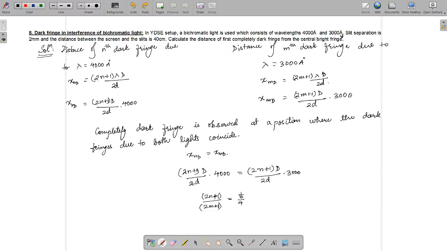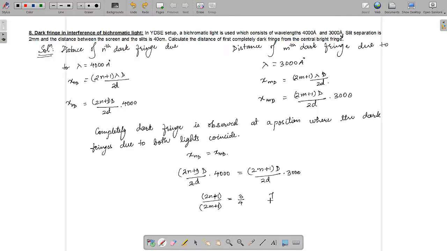So the ratio should be an odd number by an odd number, but here from the given data we find that this is an odd number but this is an even number. So the ratio of an odd number with an odd number cannot be an odd number and an even number. That's why this situation is not possible.